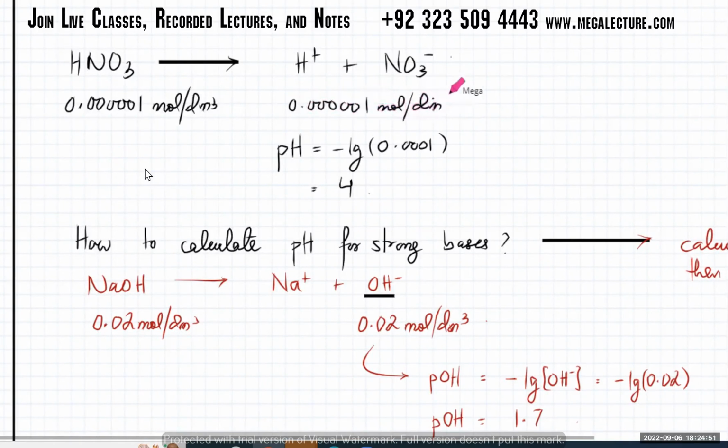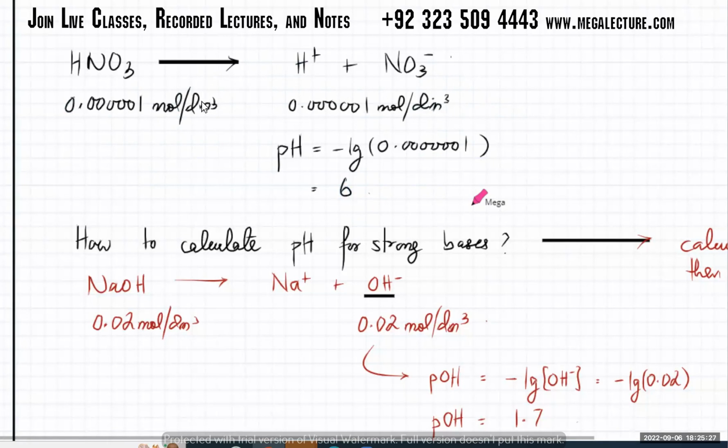Now if you take the negative log of this, you'll get a pH of 6. That doesn't mean it's a weak acid. A strong acid fully ionizes. So it is fully ionizing. It's only that you added so little nitric acid that its pH is 6, but that still doesn't mean it's a weak acid.